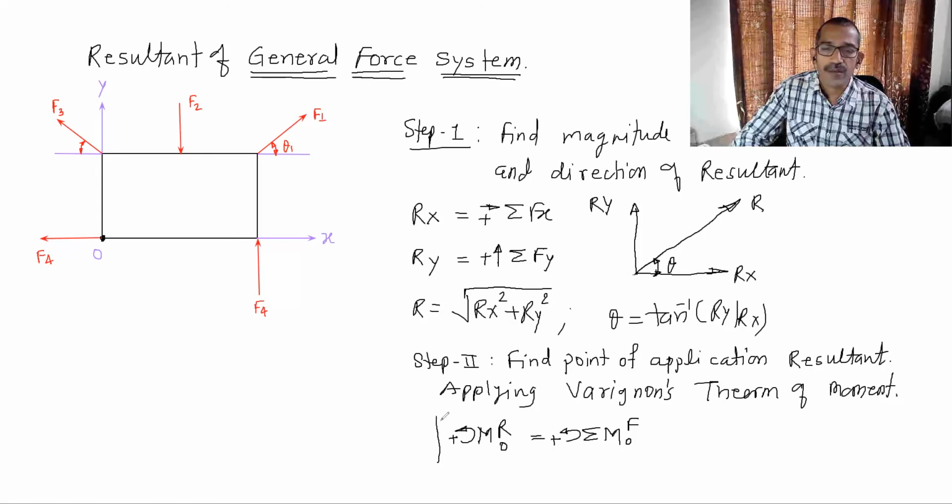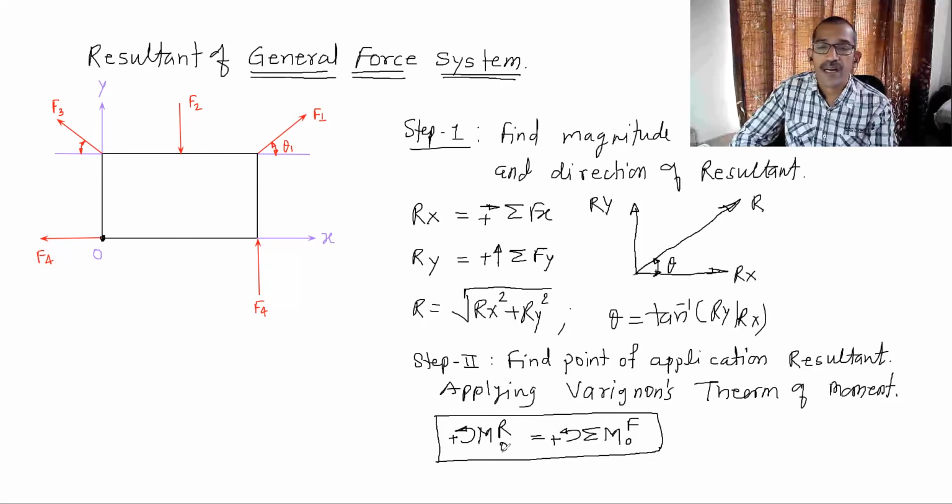The most important thing is the direction of the sum of moments: if clockwise, the moment of the resultant must be clockwise; if anti-clockwise, the moment of the resultant must be anti-clockwise. Accordingly, we represent the resultant on the bar or plate given, so that the direction of its moment is the same as that of the summation of moments of all forces. Clear, there are only two steps.